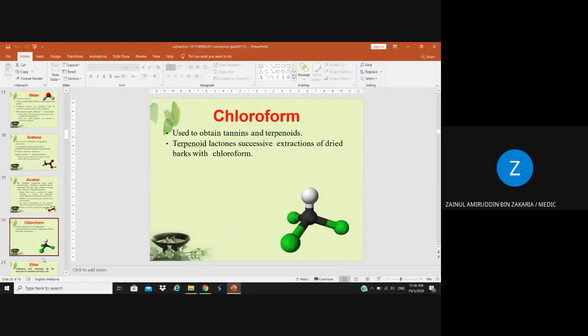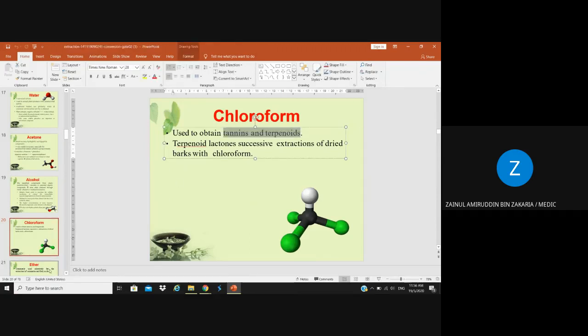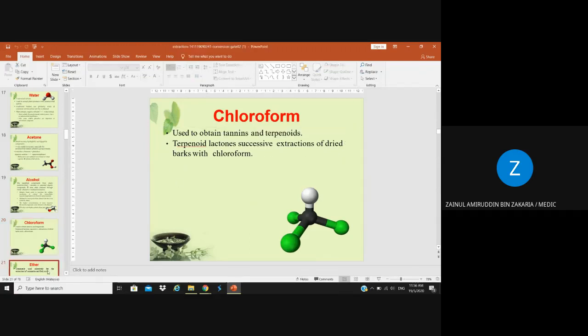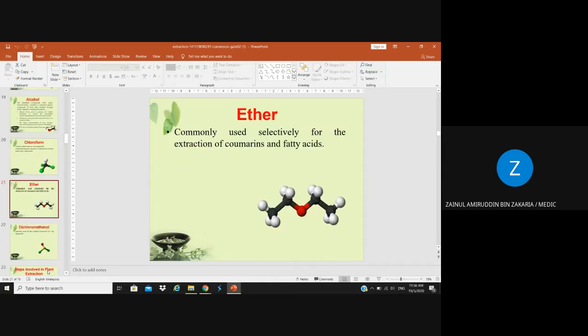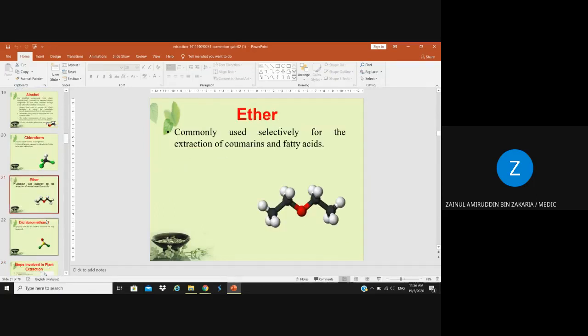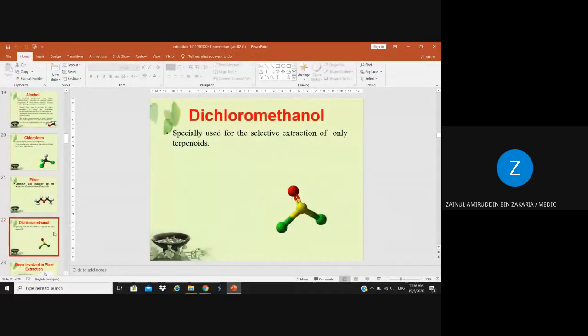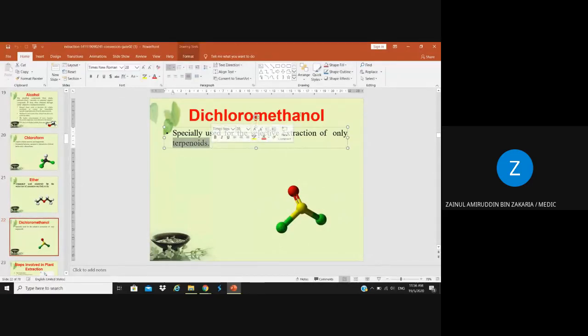Then you can use chloroform if you are targeting to isolate tannins or terpenoids, or you can use ether, which is more non-polar compared to chloroform in the list. Then you have dichloromethane if you are targeting only terpenoids. Once you use dichloromethane, you know you are targeting terpenoids.